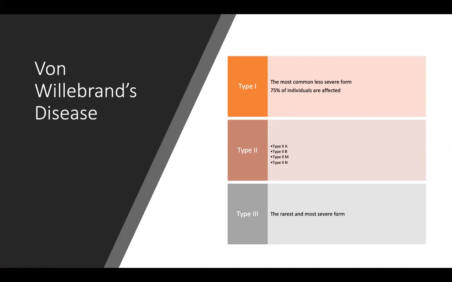With type 2 von Willebrand's disease, there are 4 subtypes that are moderate to severe respectively. So we have type 2A, type 2B, type 2M, and type 2N. And then lastly, the rarest form, but considered the most severe, is type 3.